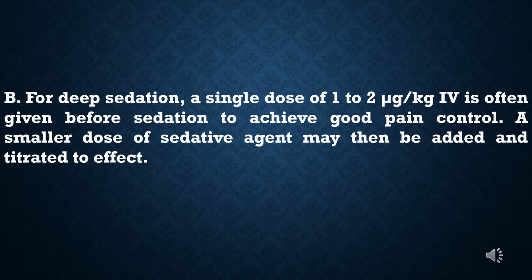The answer is B. For deep sedation, a single dose of 1 to 2 microgram per kg intravenous is often given before sedation to achieve good pain control. A smaller dose of sedative agent may then be added and titrated to effect.